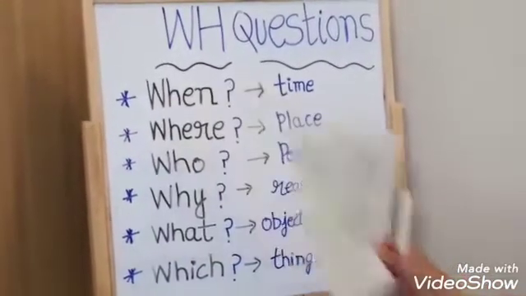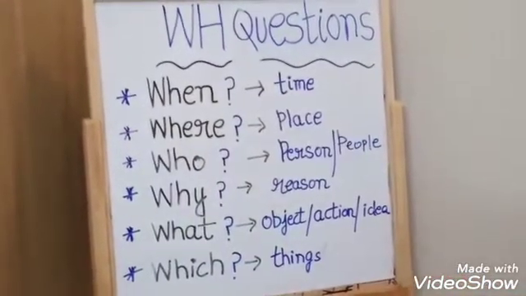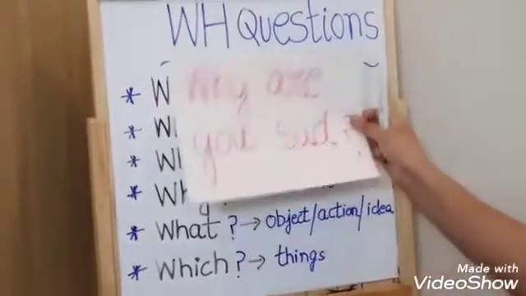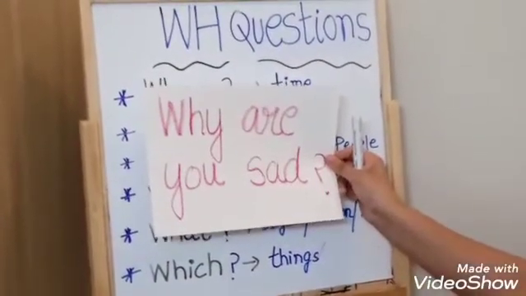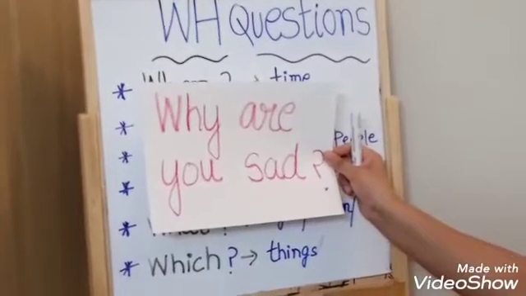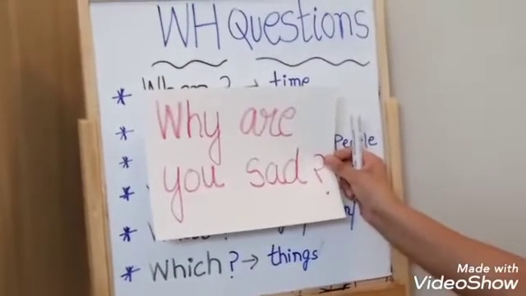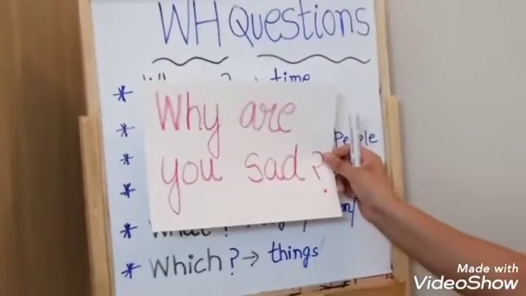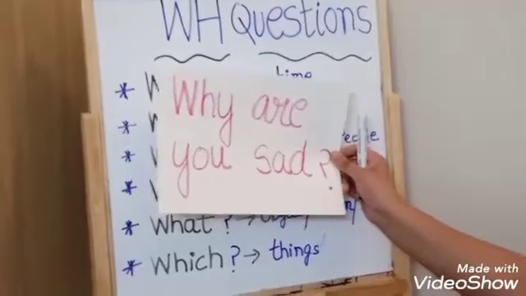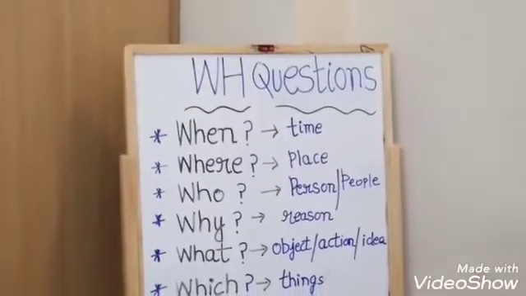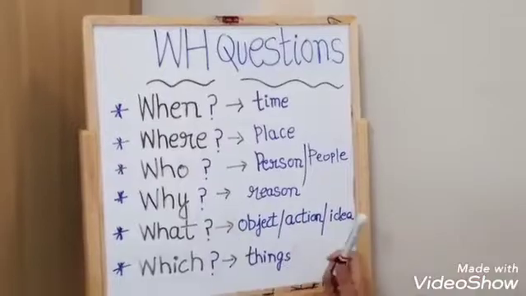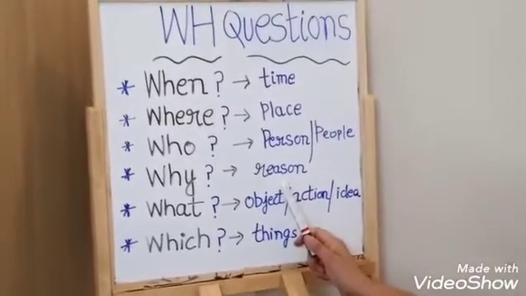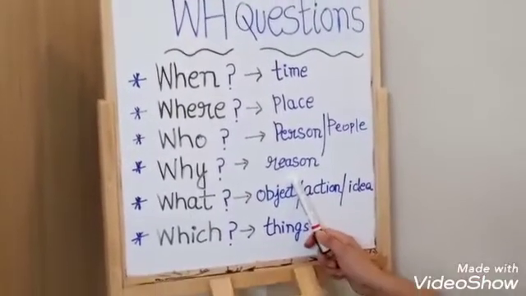You may also ask someone a question, why are you sad? So if you see someone who is sad, you can use the word why and ask for a reason. So we always use why when we want to know about a reason.